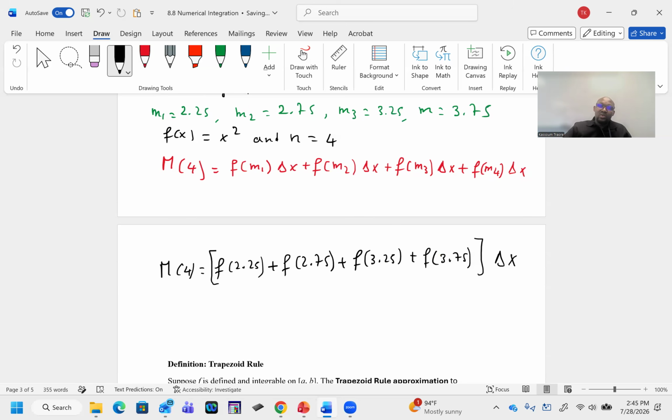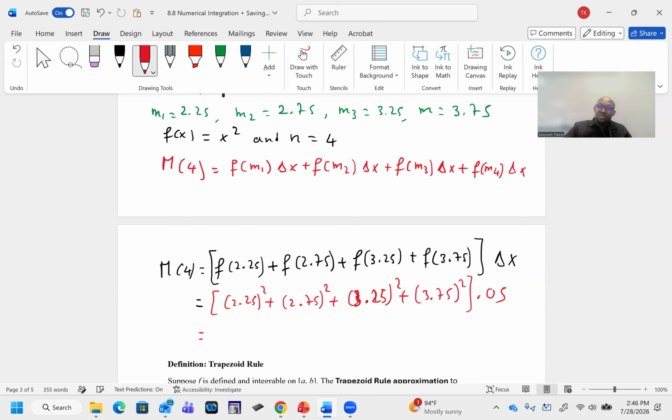Now, use your calculator. You substitute into f of x, so 2.25 squared plus 2.75 squared plus 3.25 squared plus 3.75 squared, then times 0.5.